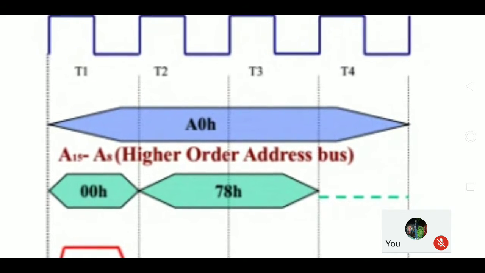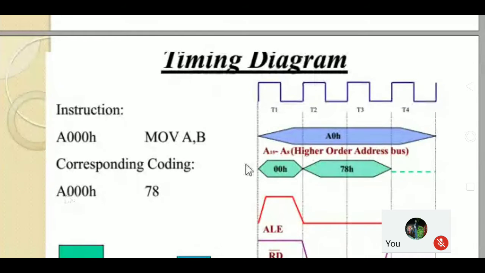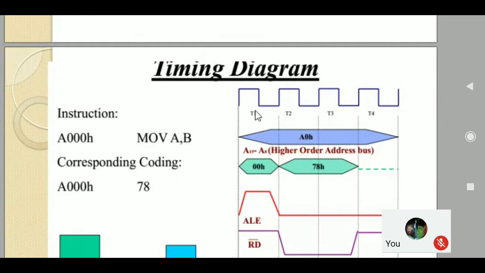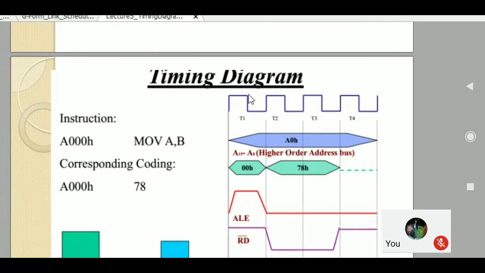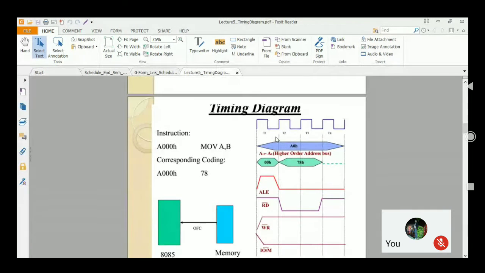Sorry for the disturbance. That higher order address will go to the higher order address bus. But just look here. From the high of T1, we have T1 high and low. After the high, starting from the low, this is a phase.